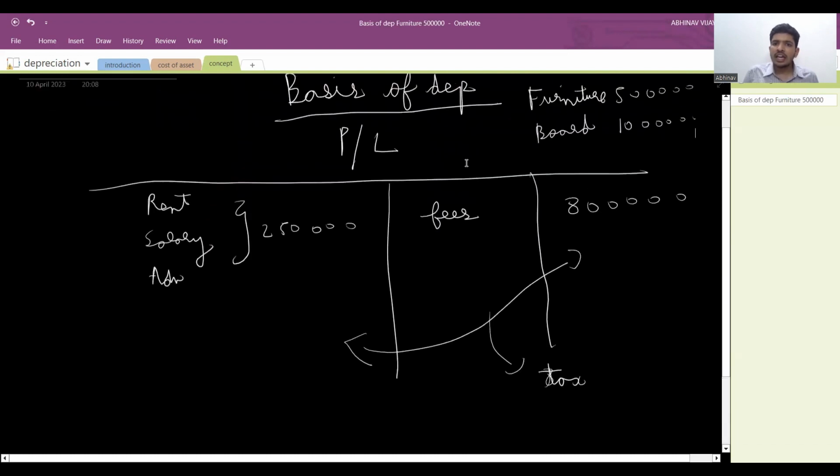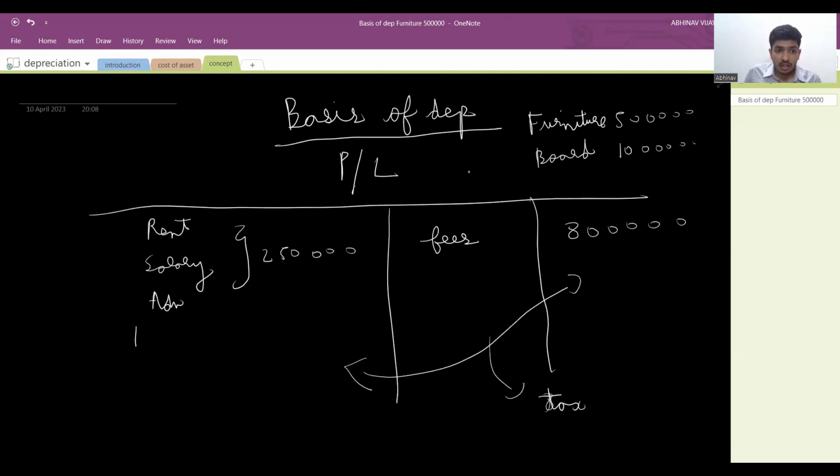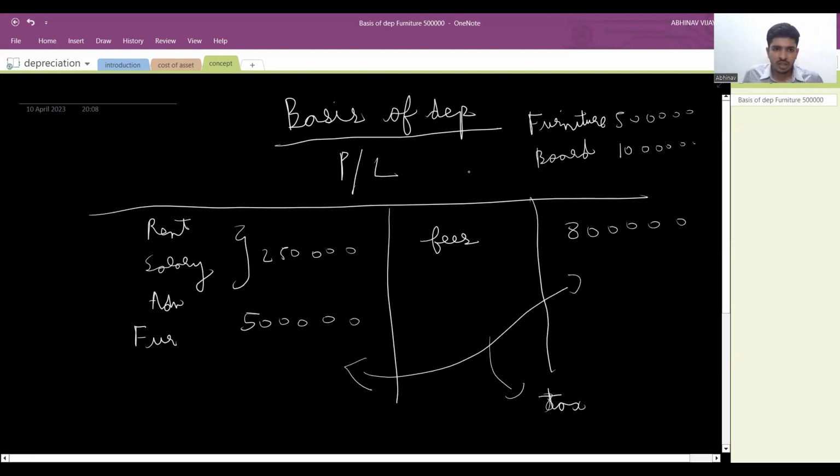Now, in case the government gives me permission to subtract that also, this is not the right way. This is for understanding. Don't write this down, but pay attention. For example, we are assuming I subtract 5 lakh rupees for furniture and 1 lakh rupee for board.